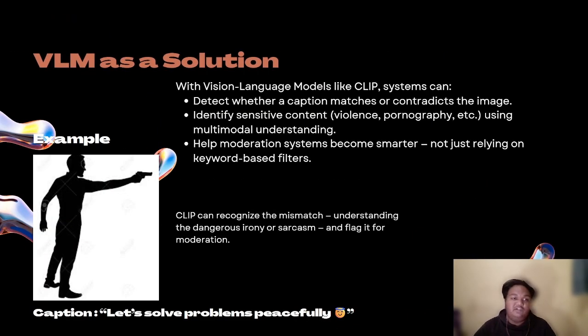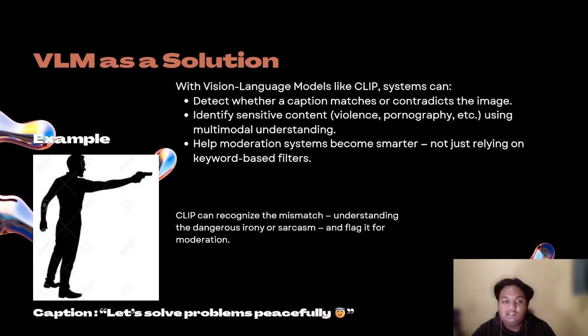VLM is a solution, with vision language models like CLIP. First, the system can detect whether a caption matches or contradicts the image. Second, VLM can identify sensitive content like violence, pornography, or similar content using multimodal understanding.